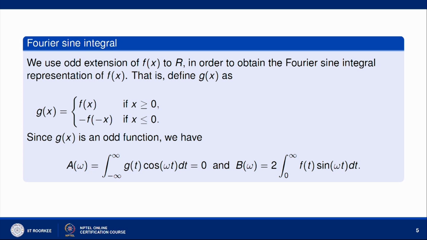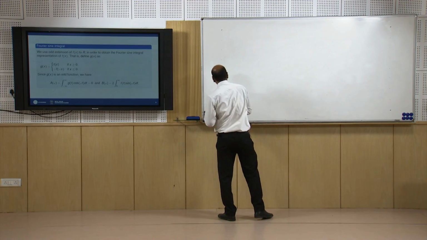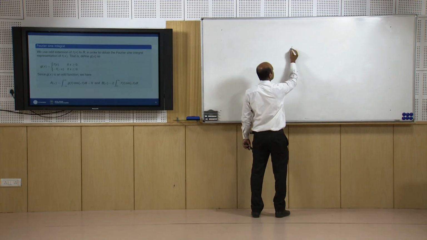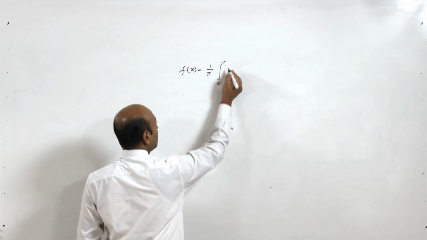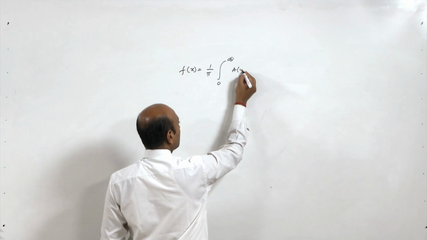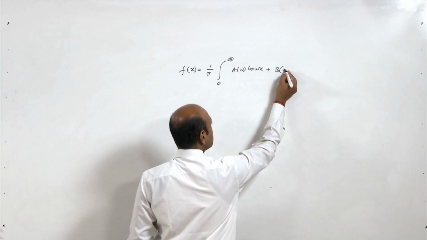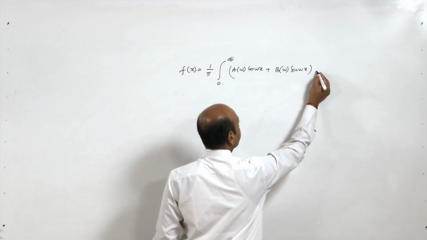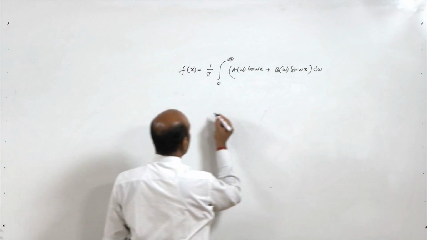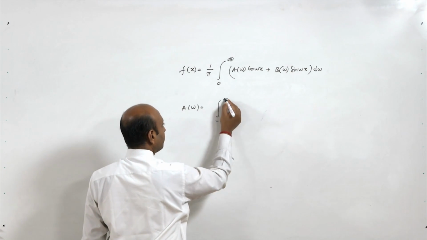Because g(x) is an odd function, when we take the Fourier integral representation, given by 1 upon pi integral 0 to infinity of A(omega) cos omega x plus B(omega) sin omega x d omega, A(omega) is the integral from minus infinity to plus infinity.